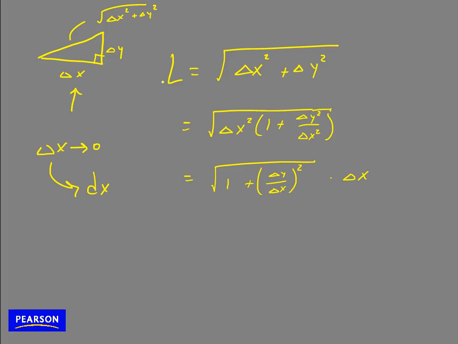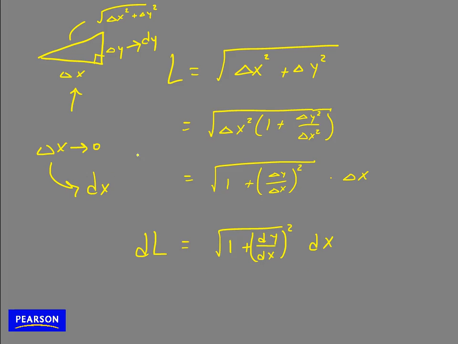That means this L, our tiny little L, we'll call our dL, infinitely small but not 0, is going to equal the square root of 1 plus, well, delta y is approaching 0 as delta x approaches 0, so that's our differential dy. So we get dy over dx squared times dx.